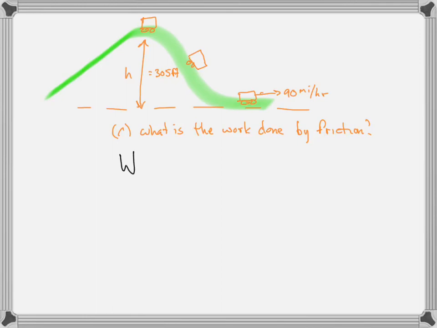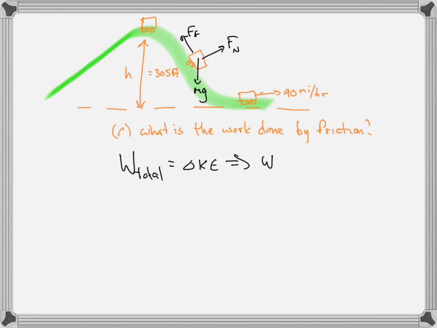Well, we can do work total equals change in kinetic energy, and the forces at any one time are a normal force, a frictional force. We now have to add the frictional force in, and the gravitational force. So that is a free body, well, it's not a free body because I didn't take it off the track, but that is a force diagram of the roller coaster car at any instant.